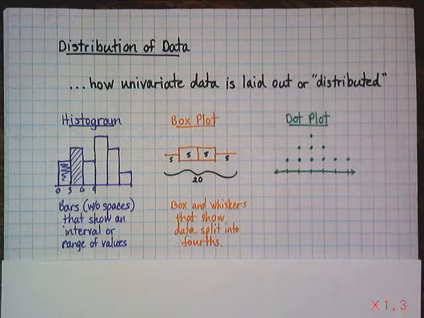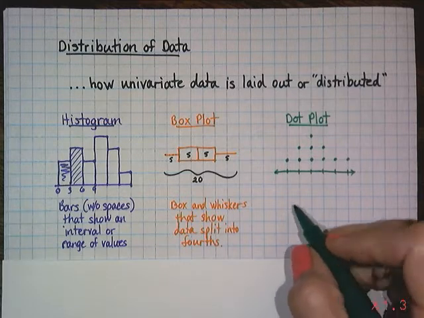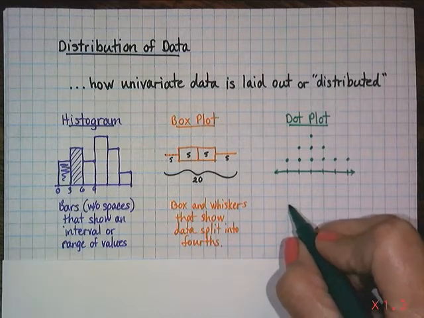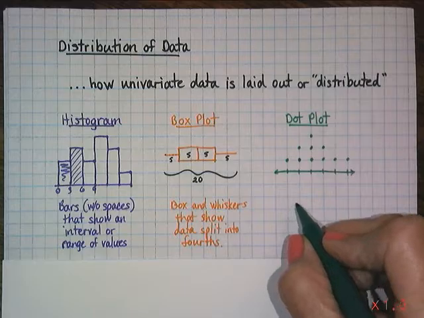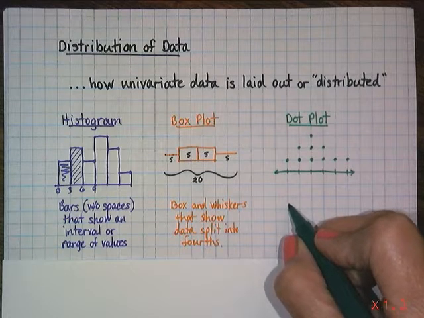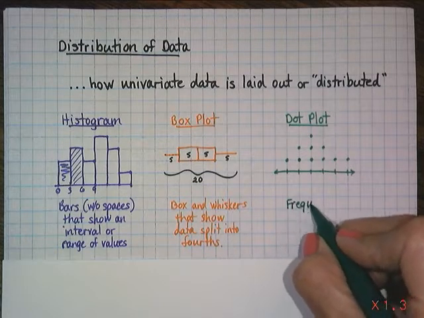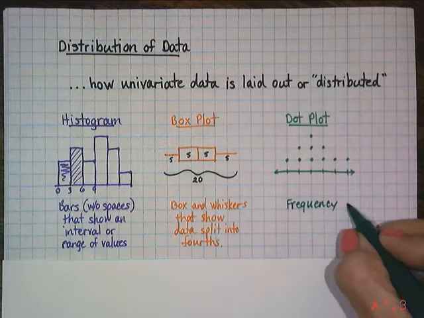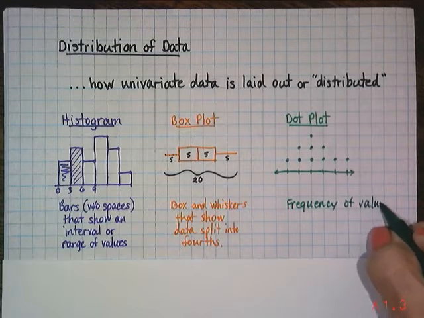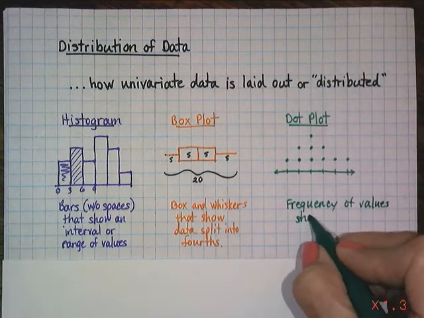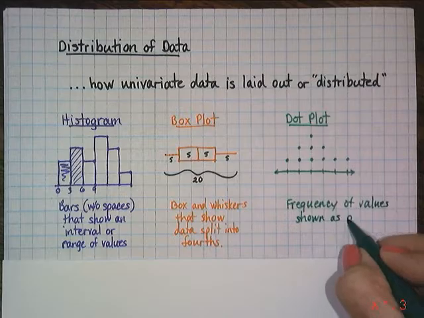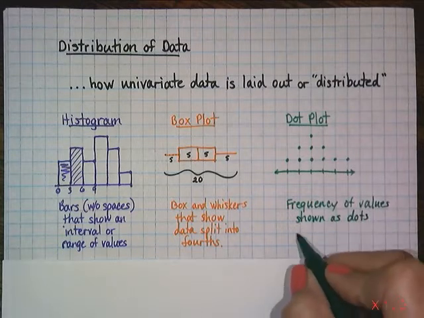A dot plot is really more of a frequency distribution, just showing you the frequency of values. So I'm going to say a dot plot is frequency of values shown as dots above a number line.